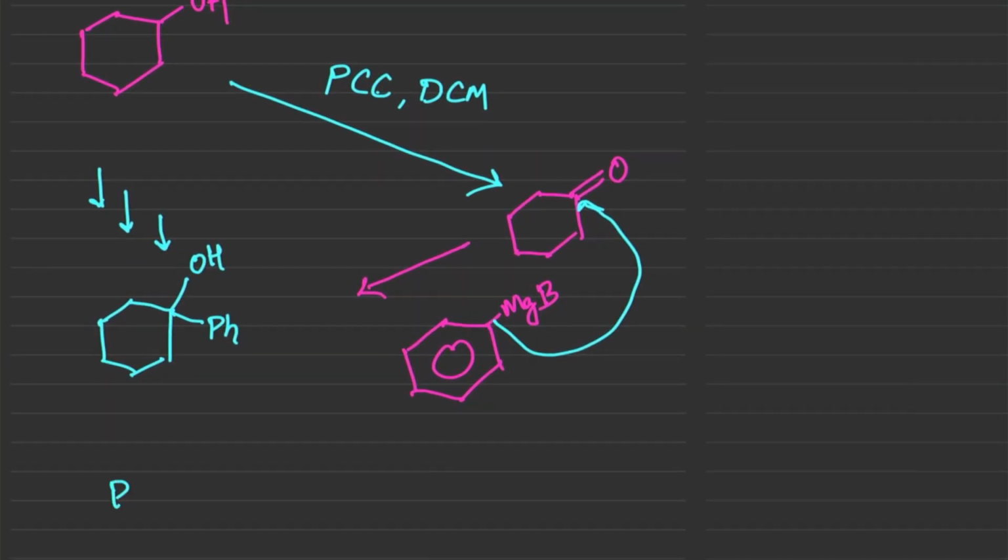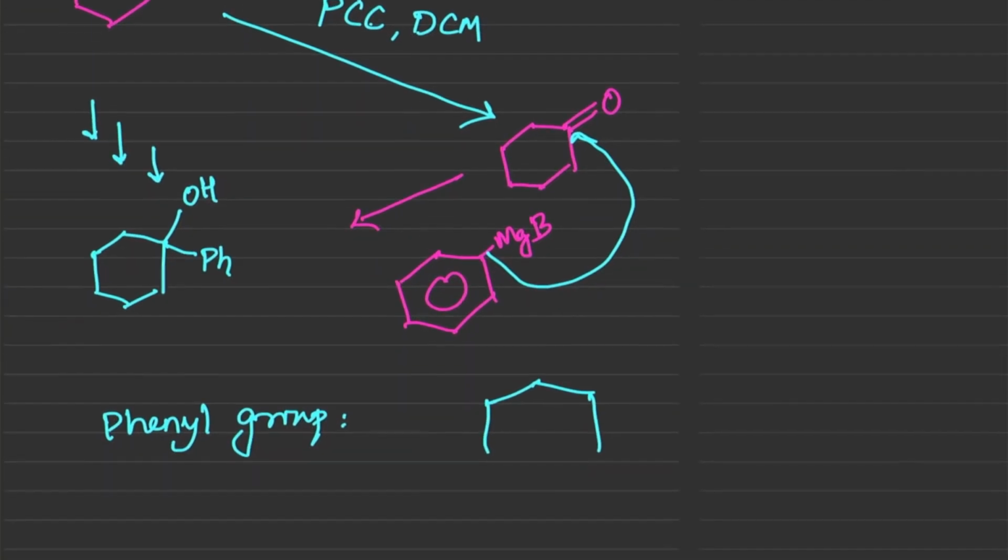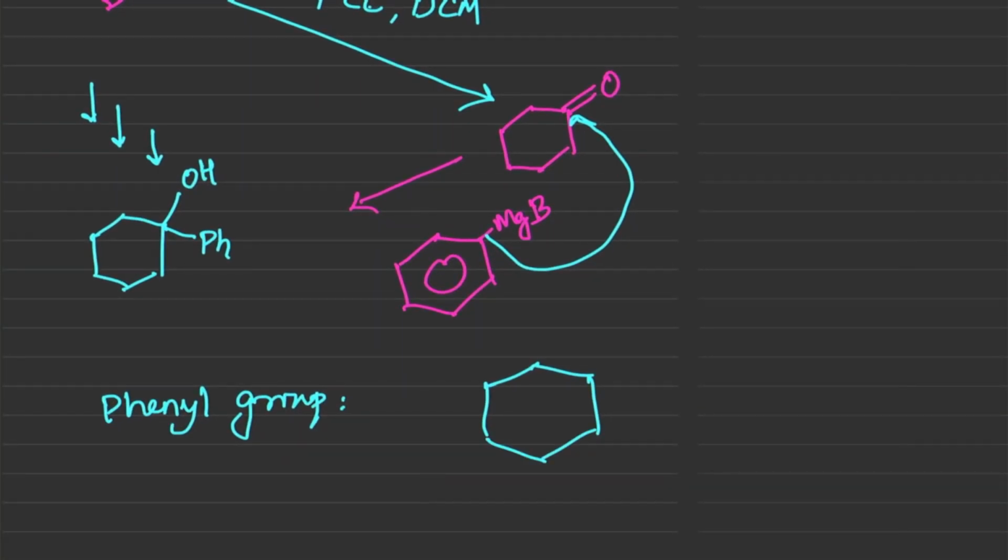Those who don't know what a phenyl group is, remember the benzene ring has alternate double bonds, and everybody has a hydrogen.